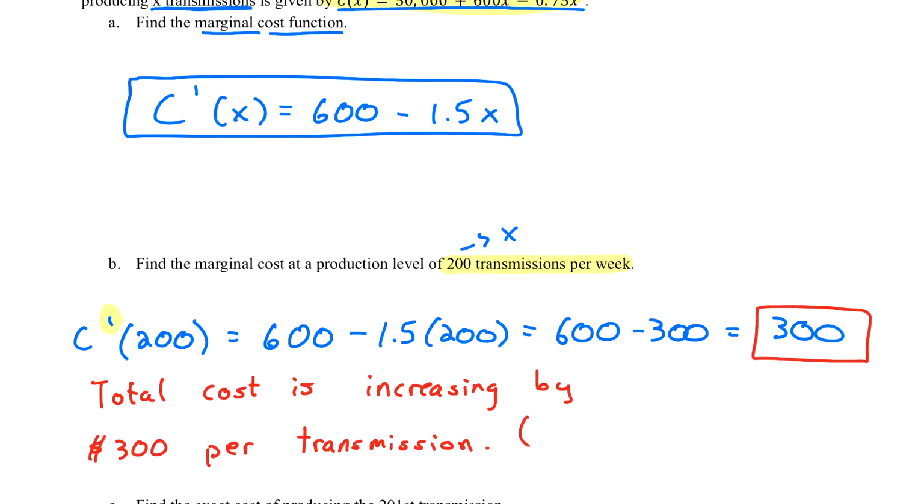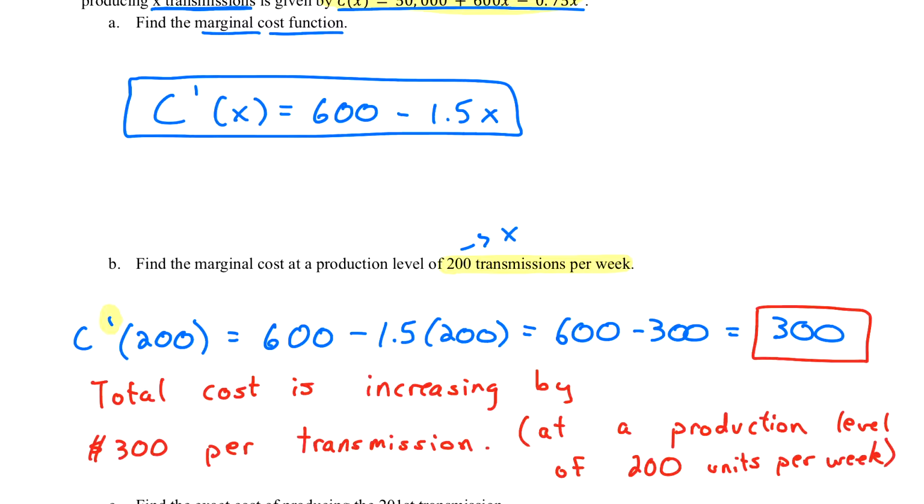So I'll briefly mention here, at a production level of 200 units per week. If I change that to say 400 units per week, then my number is going to change. I may not have a positive 300 anymore. So this is saying the total cost is increasing by about $300 per transmission.